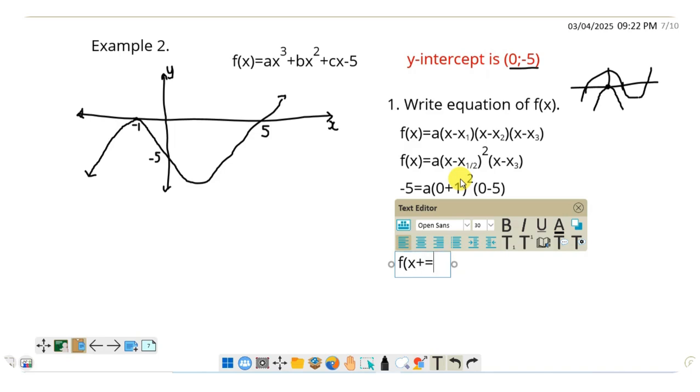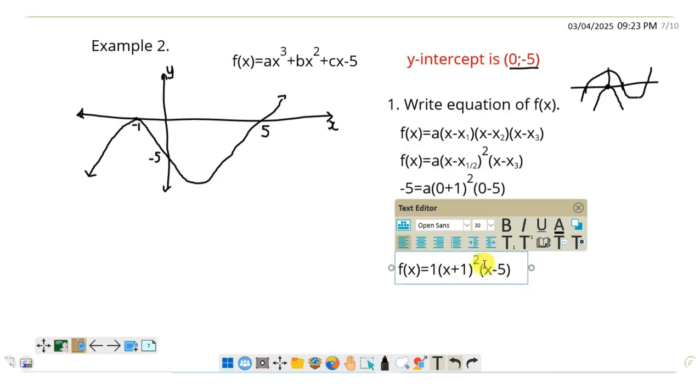f of x is equal to a, which is 1, times (x plus 1), because I said minus but it is plus, and squared, times (x minus 5).